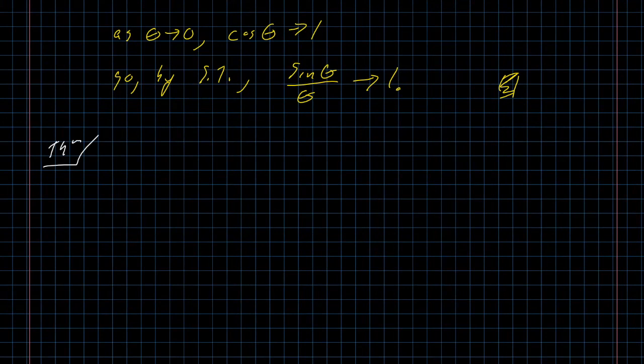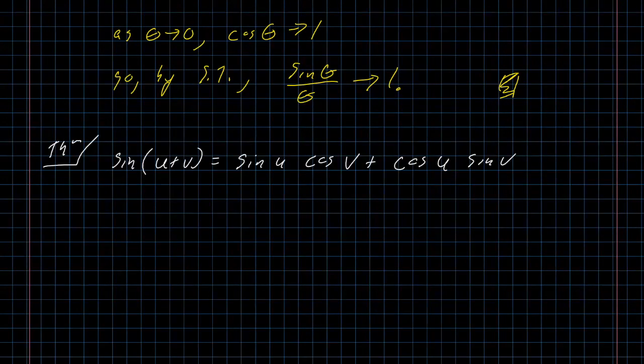You should already know that if you need the sine of u plus v, that's going to be equal to the sine of u times the cosine of v plus the cosine of u times the sine of v.